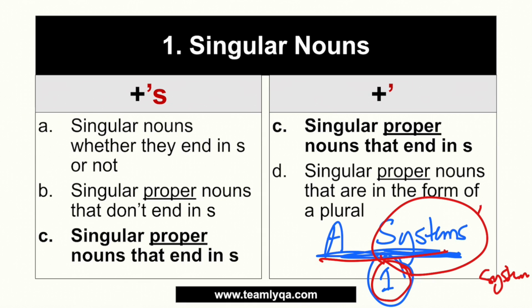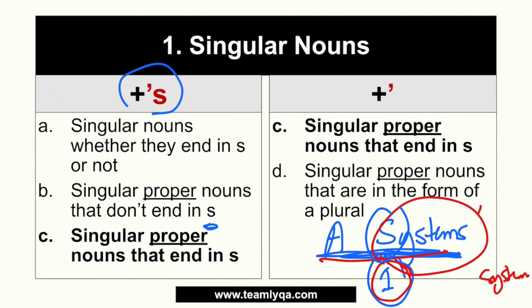So, iba yung rule kapag common noun, pag proper noun. Kapag common noun, ibig sabihin hindi capital yung first letter, matic ka na plus apostrophe S. Pag proper noun, depende sa letter sa dulo. If hindi S ang ending, you add apostrophe S. If S ang ending at proper noun siya, you can add apostrophe S or apostrophe lang.